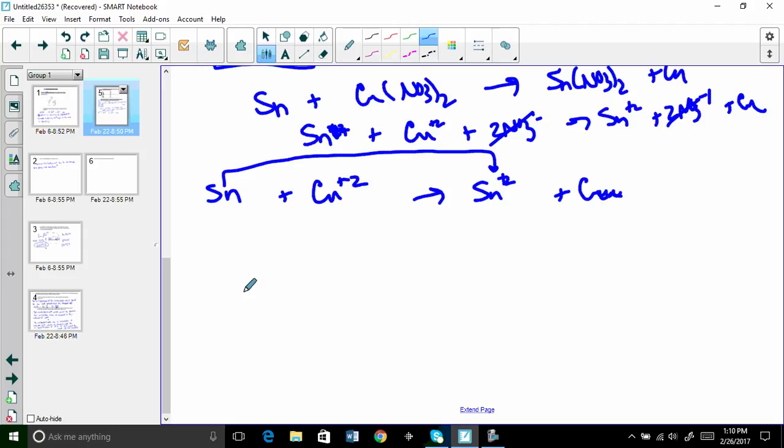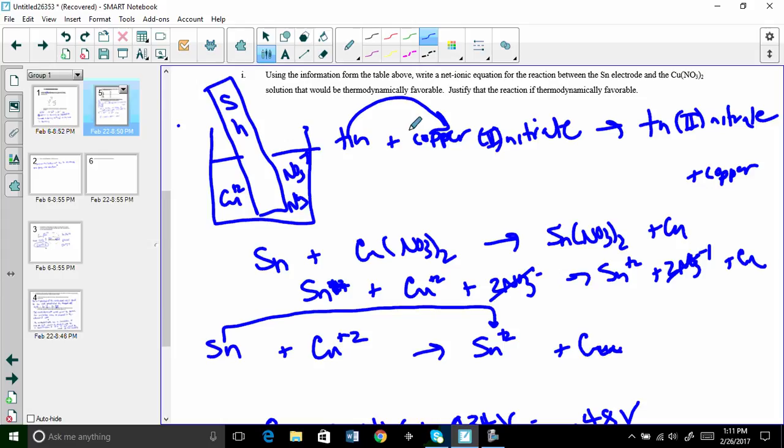Because on the sheet it's reduction, flipped for oxidation this would be positive 0.14 volts. And then the second one on the sheet is 0.34 volts. And when you add them together, you get 0.48 volts. Now remember, they don't give you that big sheet that you guys have been using anymore. Everything they need will be provided.